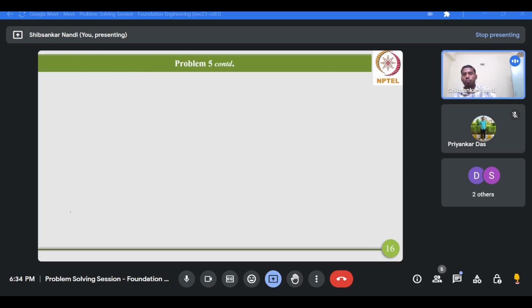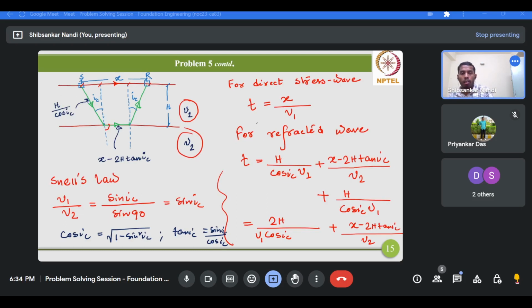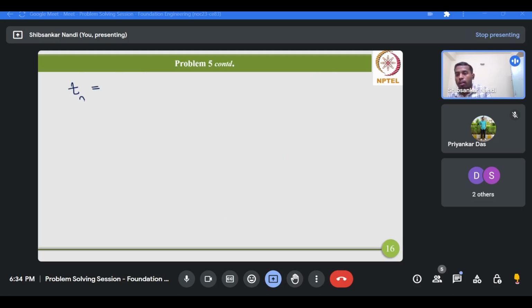So after modifying, here I am mentioning TD and here TR. D indicates direct and R indicates refracted. So TR you will get as, I am writing down the final expression only, x upon v2 plus 2h multiplied by square root of (1 by v1 square minus 1 upon v2 square).